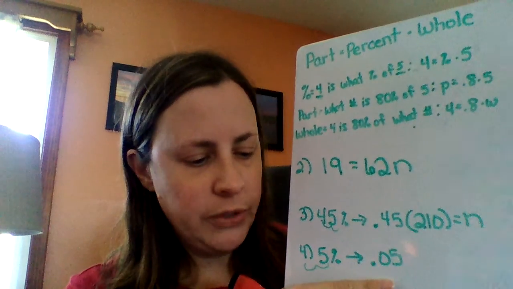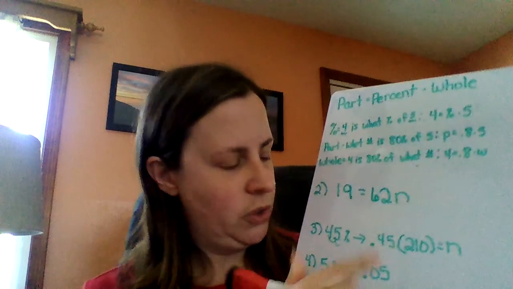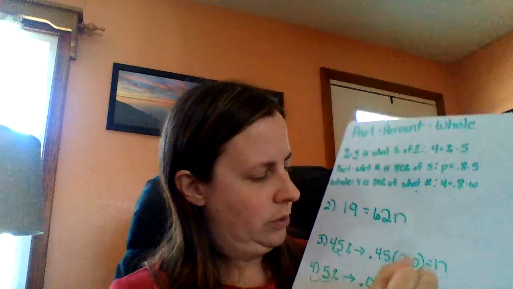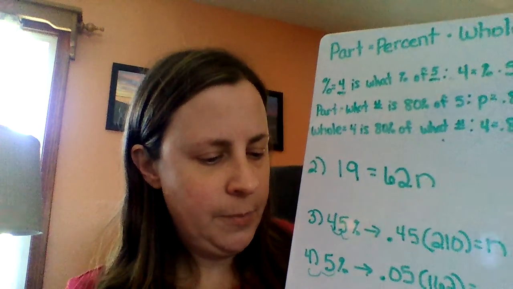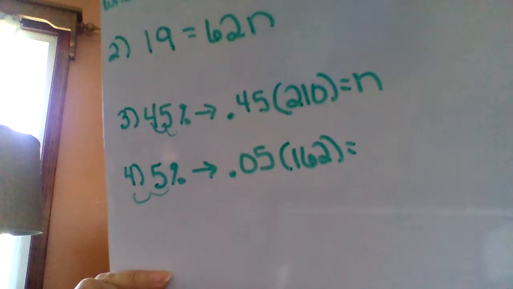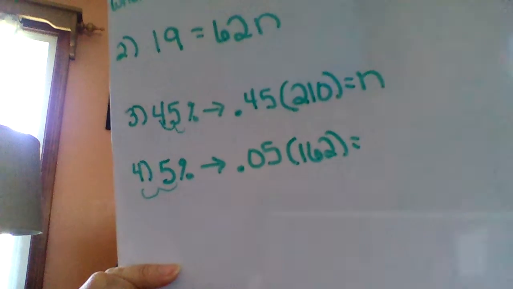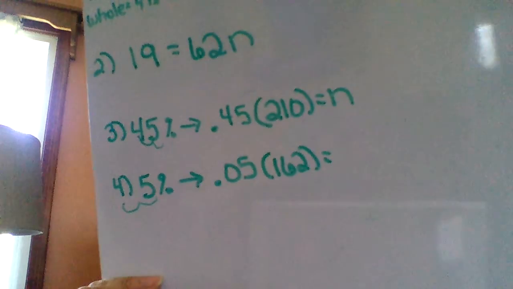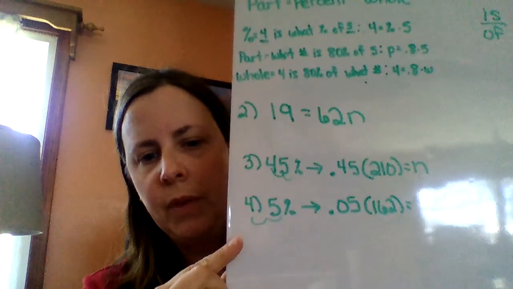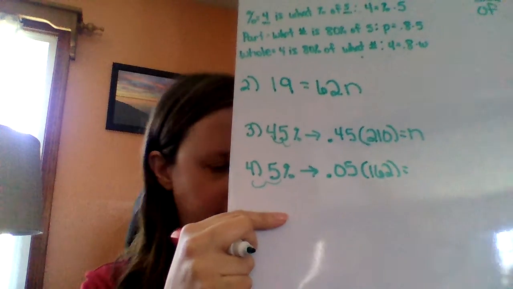I'm going to multiply that times 162, and you will find the part. That's what you're trying to find for this one, the part. So you should be able to finish that one.